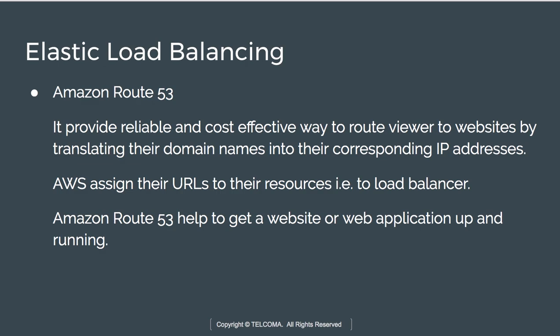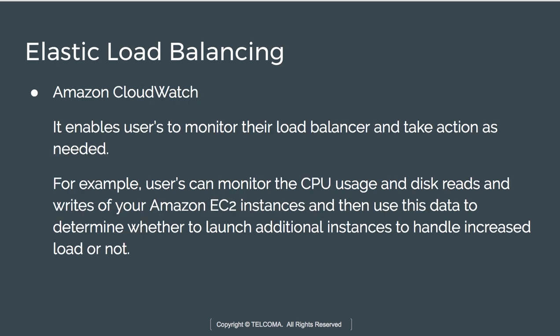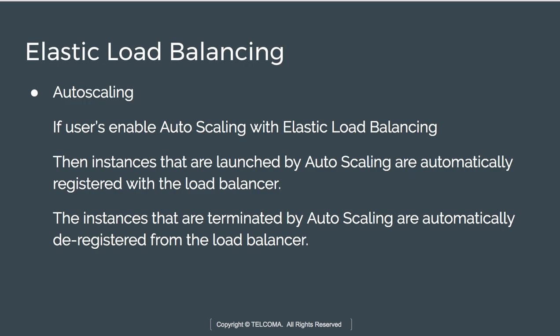Here AWS assigns a URL to the load balancer. CloudWatch enables users to monitor the load balancer and take actions as needed. We can track CPU usage, reads and writes, and we can determine whether additional instances are required or not.